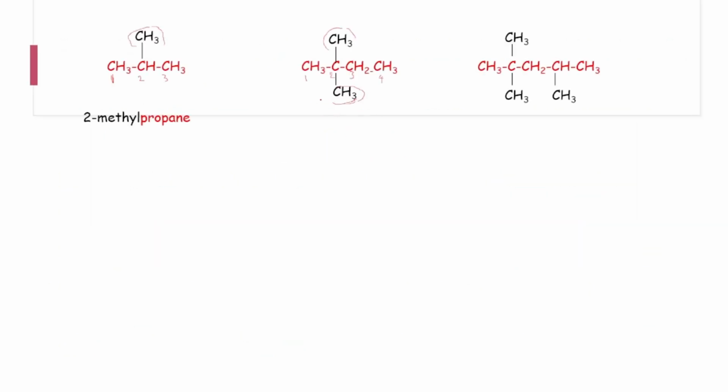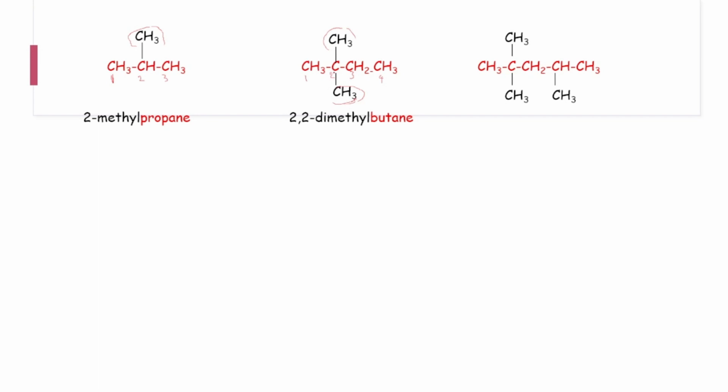So I am going to use dimethyl. Here I have 2,2-dimethylbutane. Why 2,2? As you can see, at carbon number 2 I have one methyl, and at carbon number 2 again I have another methyl.